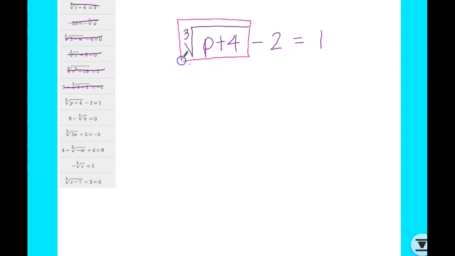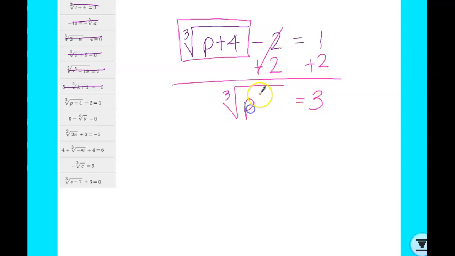Okay, next one, cube root of p plus 4 minus 2 is equal to 1. So first things first, we want to make sure that we get this one alone on this side. So we're going to add 2 to both sides. And we get 3 is equal to the cube root of p plus 4.